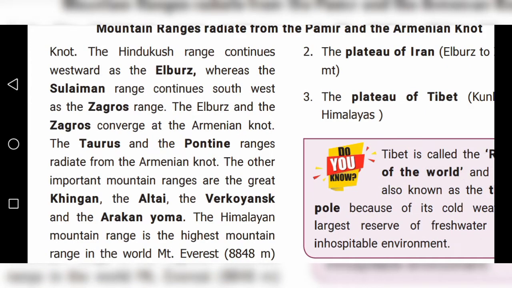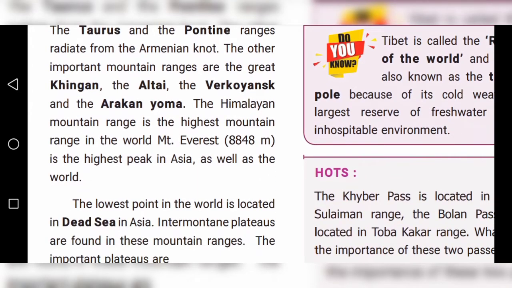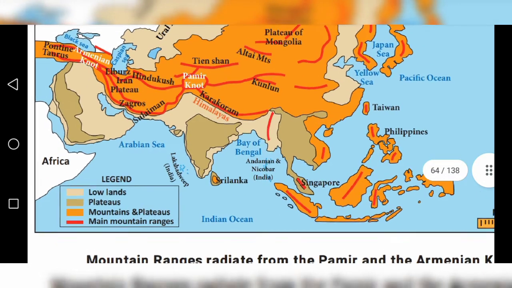Next one, the Taurus and the Pontic ranges radiate from the Armenian knot. In the Armenian knot, the Taurus and the Pontic ranges radiate. Okay, and next we are going to see the Himalayan mountain. Here is the Himalaya in India, no?